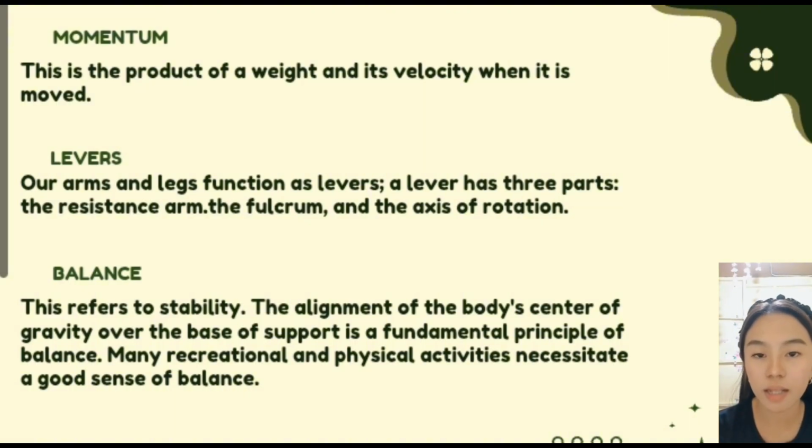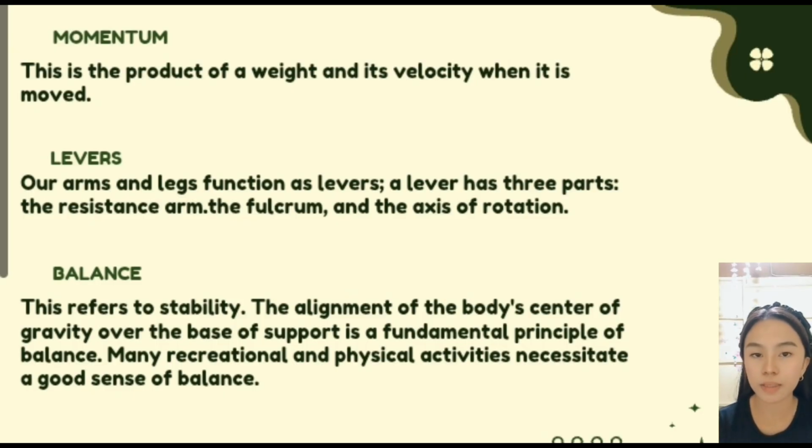So, the next one is levers. When we say levers naman, ang ating mga braso at binti ay gumagana bilang mga lever. Ang isang lever ay may tatlong bahagi: ang resistance arm, ito yung bahaging pinapasan o tinutulak; ang fulcrum, punto ng pag-ikot; at ang axis of rotation, linya kung saan umiikot.